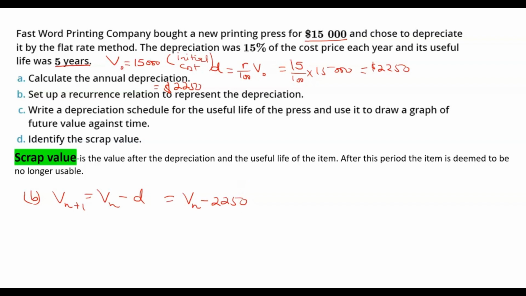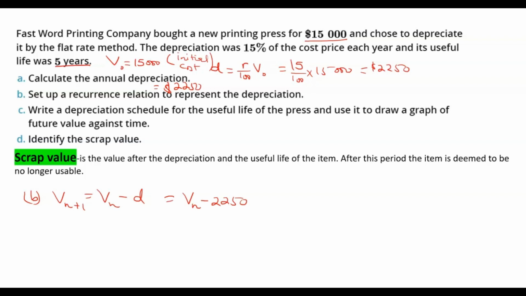Now, write the depreciation schedule for the useful life of the press, and use it to draw a graph of future value against time. This is best done using your calculator.